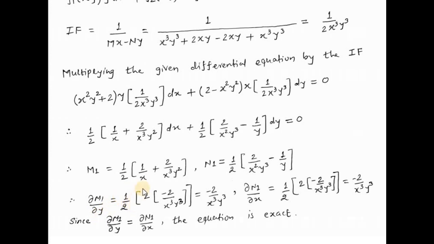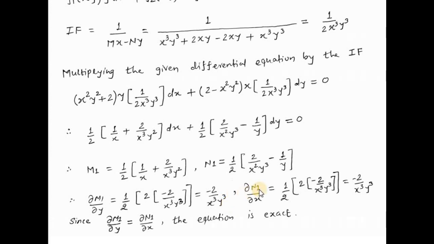It will be 1 by 2 times (-2 divided by x cube y cube), because 2 by x cube is constant and the derivative of y raised to minus 2 is minus 2 into y raised to minus 3, which can be written as minus 2 divided by y cube. So the final answer will be minus 2 divided by x cube y cube.